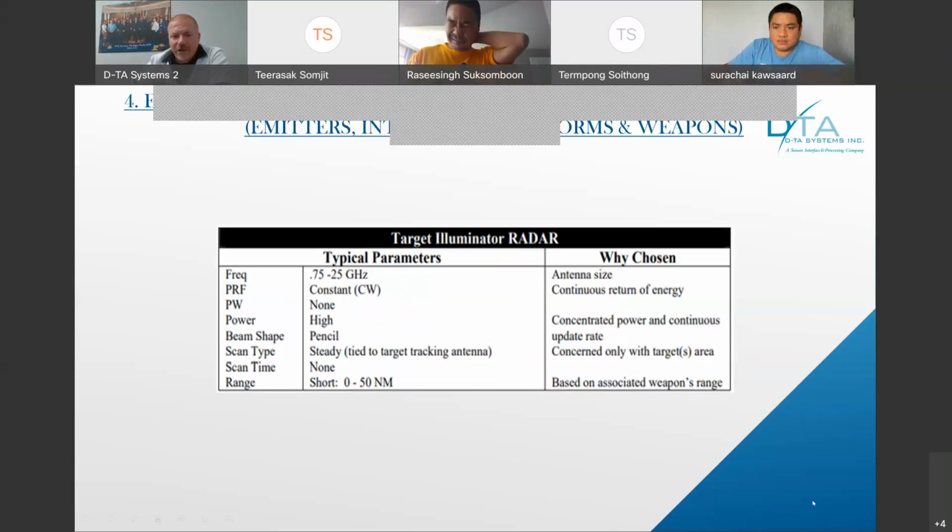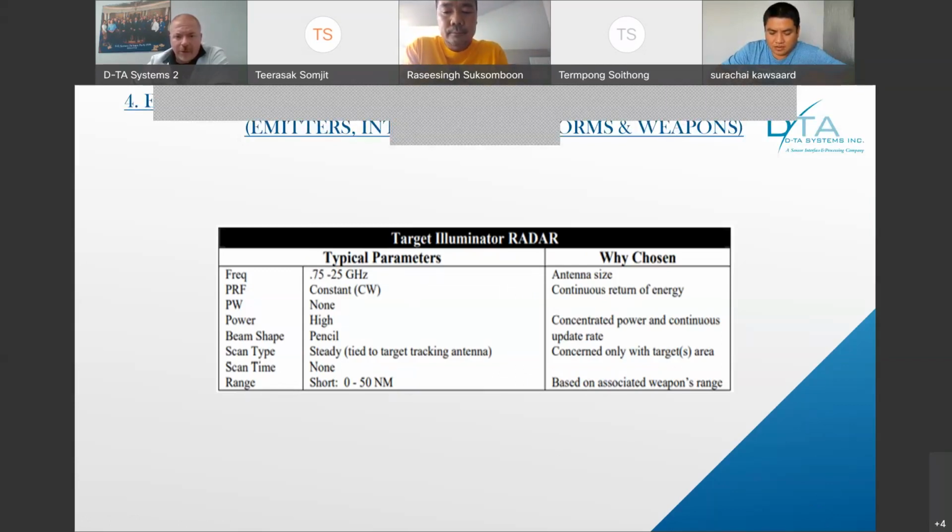For TI, or target illuminating radar, it'd be anywhere from 0.75 up to 25 gigahertz, all variant on the antenna size. Your PRF is going to be constant, so a continuous wave. Pulse width, there will be none.